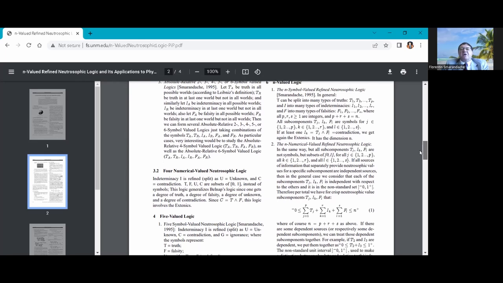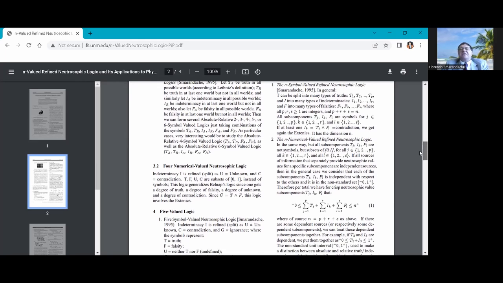Now we consider also the multiple Neutrosophic set, where we have multiple sources that evaluate the membership or the truth value. So we have T1, T2, Tp with respect to source 1, source 2, source p, and then again indeterminacy with multiple indeterminacies, which may be unknown, contradiction, vagueness, and so on.